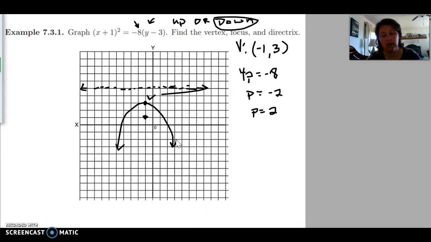When we are graphing, that is a really good time to use that 2p value. So at the focus, let's go back and see if we can draw that better. We need to go a distance of 2p to hit our graph from the focus. So 2, 4.